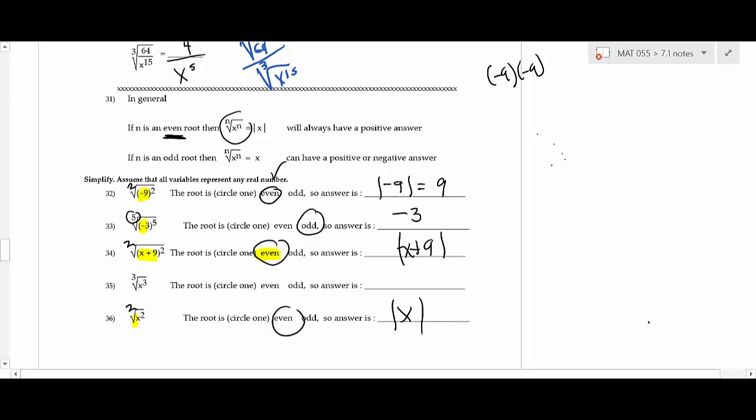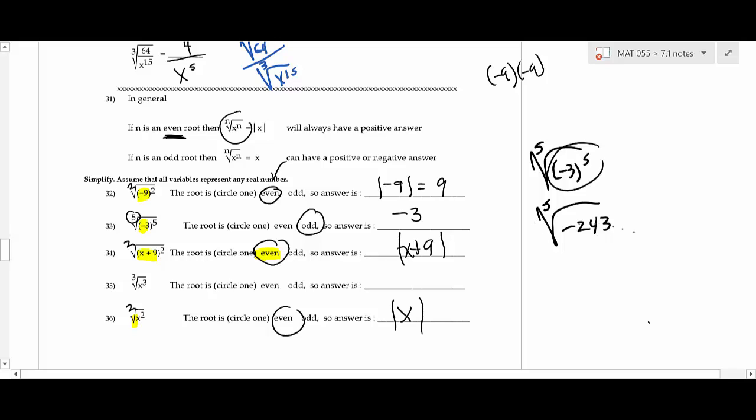If you were doing the 5th root of -3 to the 5th, here's what would happen. What happens if you multiply out 5 negatives? What answer do you get? You get a negative answer, right? So if you did this on the calculator, you would get -243.